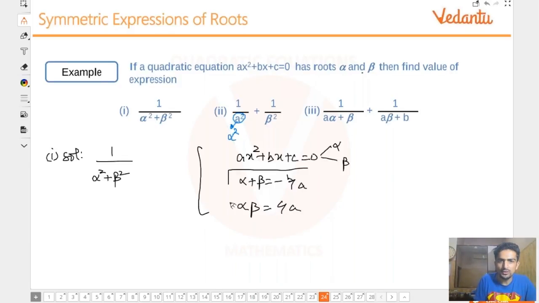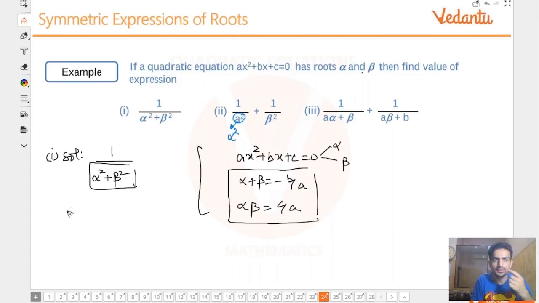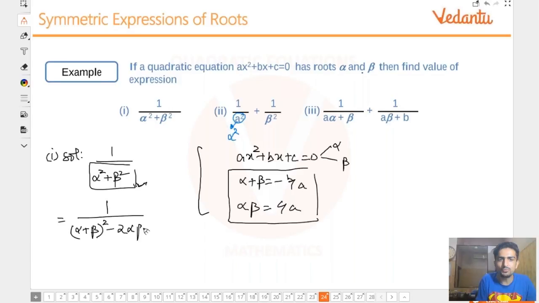So now how can we use these two pieces of information to find this? That is something we just did. We will express this thing in terms of alpha plus beta and alpha into beta. The moment we do that, we just put their values and we get the answer.